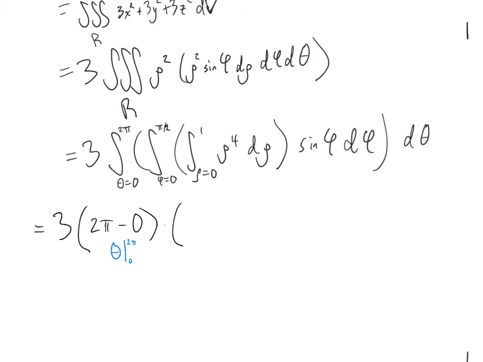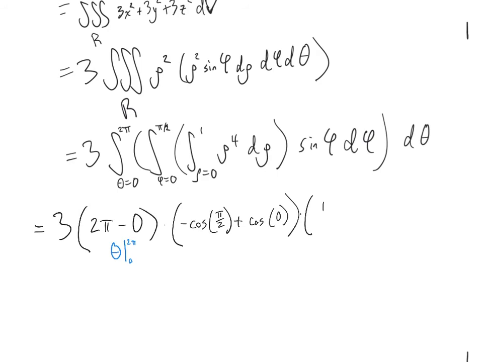For sine of phi, I get minus cosine, evaluated from 0 to pi over 2. So minus cosine of pi over 2 minus cosine of 0. And for my last coordinate, I have rho to the 4th.